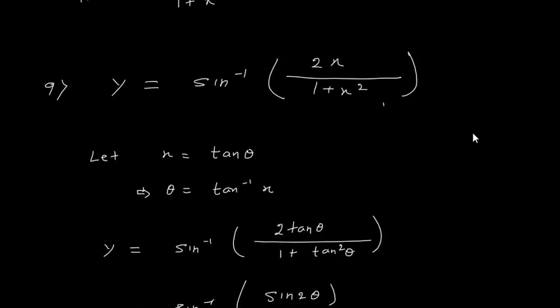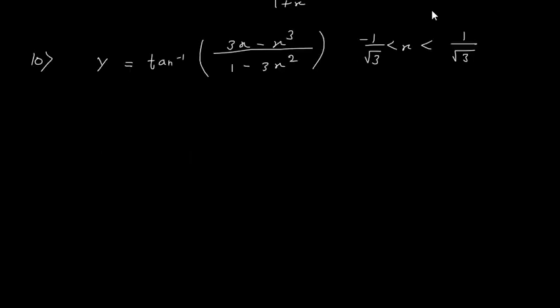Now in this exercise, we have few problems which are of this kind only, where you have to think about some trigonometric formula and then you simplify that function. So let us now see the 10th question. The 10th problem is y equal to tan inverse 3x minus x cube upon 1 minus 3x square.